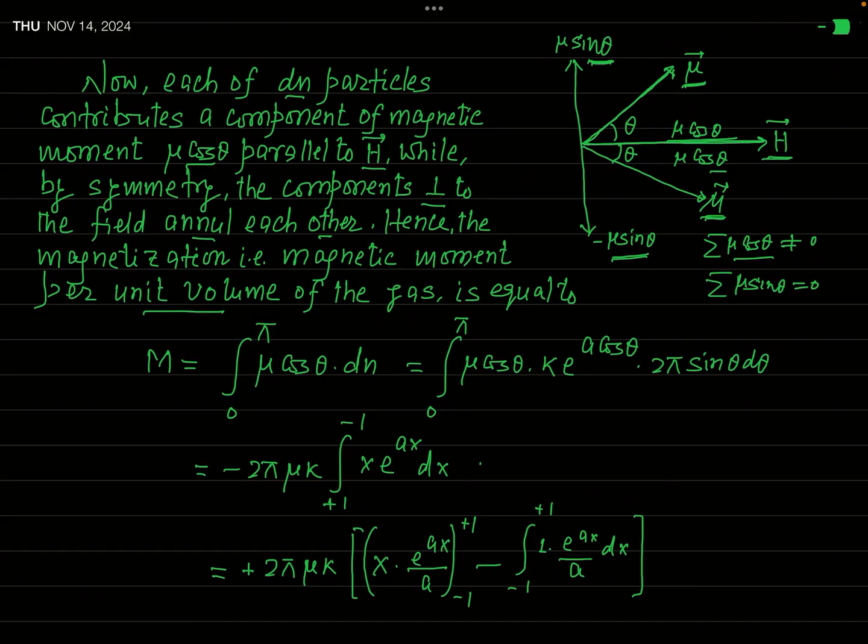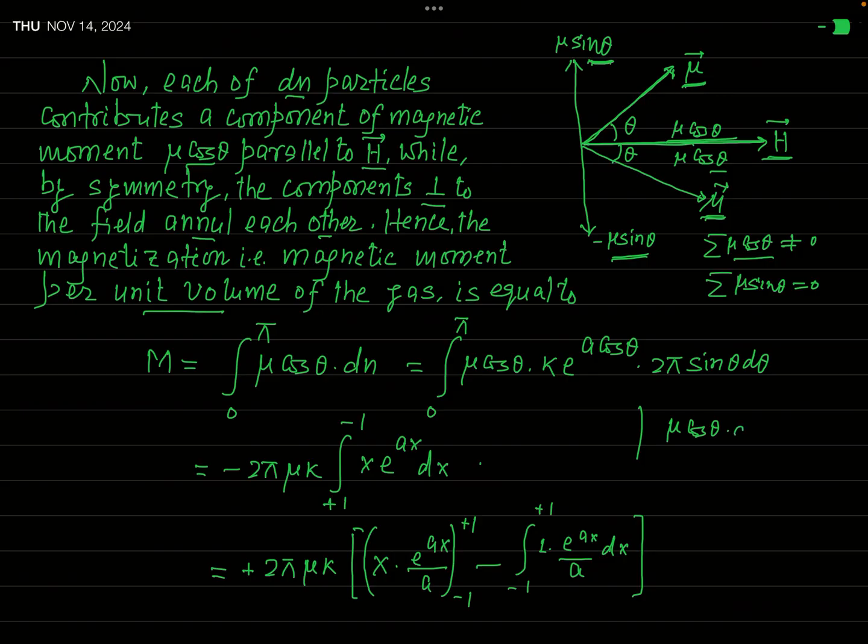simply by finding the magnetic moment of dn molecules first of all, and then integrating that value. If you want to find the total magnetic moment of dn molecules, what will that be? You can see the magnetic moment along the field of only one molecule is μ cos θ.